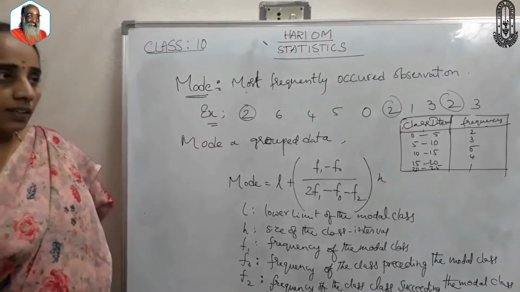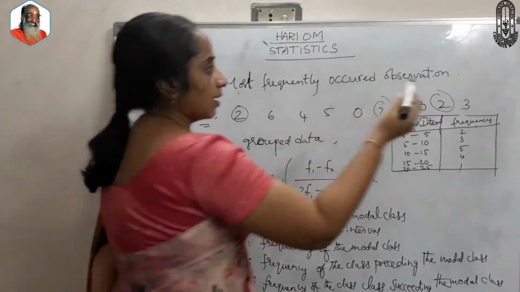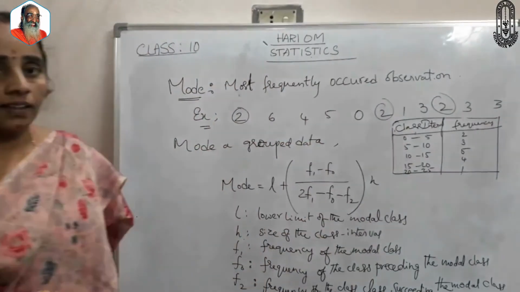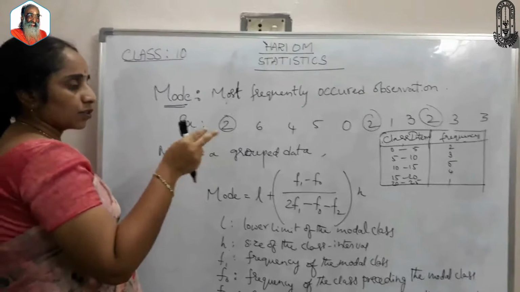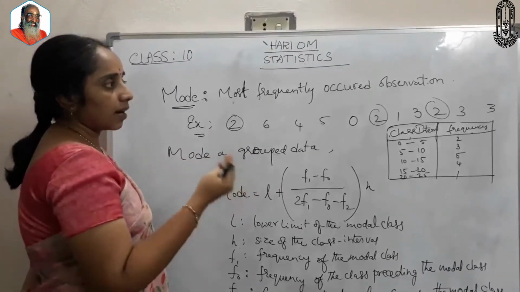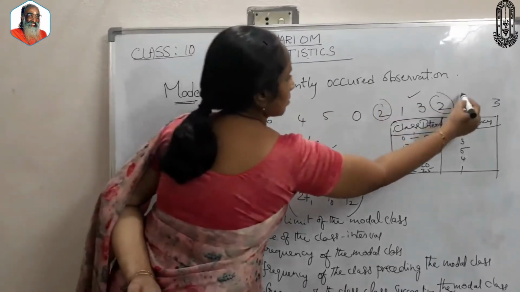If there are 11 bowlers and I add one more observation, 3, now the most frequently occurred observations are 2 as well as 3.